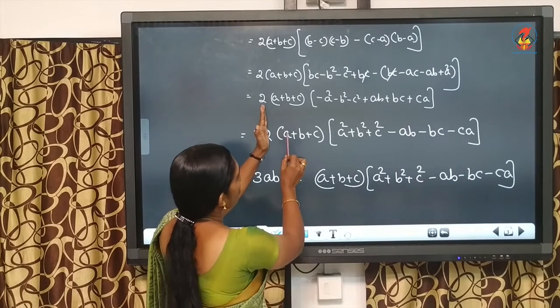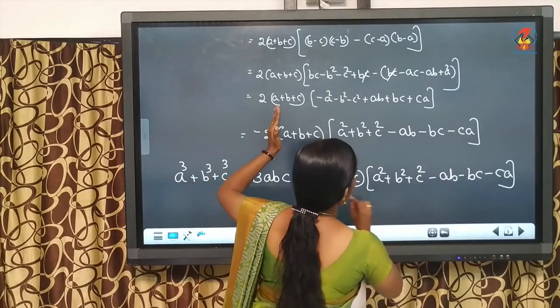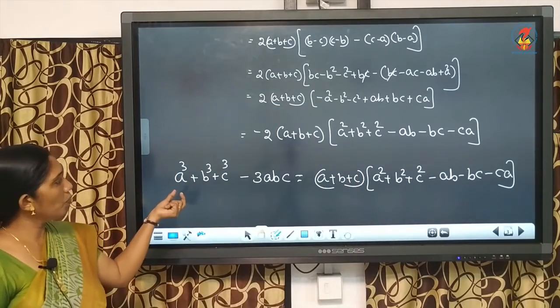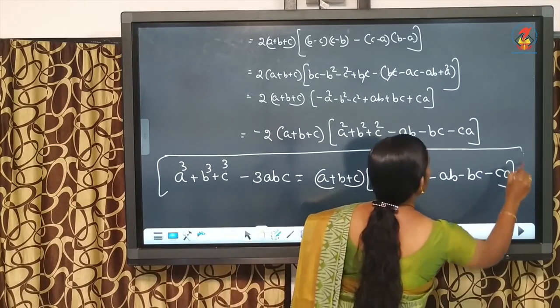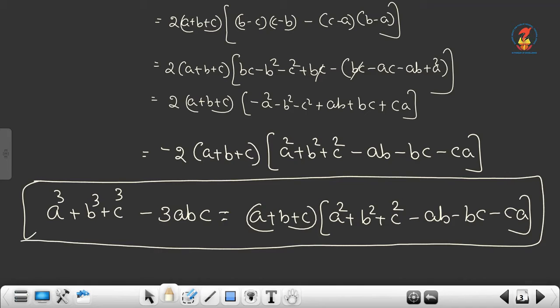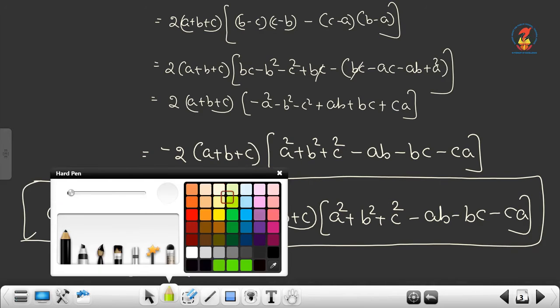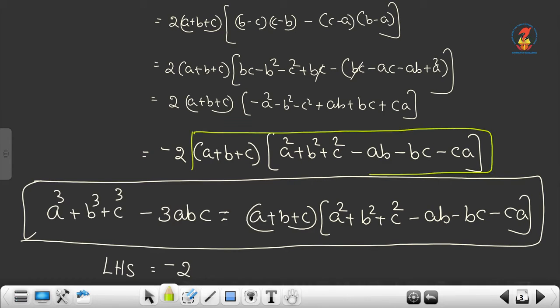So here look, this part, a plus b plus c into this bracket, is the same as a cube plus b cube plus c cube minus 3abc. So this is the result that you have to remember. So the LHS is equal to minus 2 into, instead of this much, for that much you can substitute this. So that's equal to minus 2 into a cube plus b cube plus c cube minus 3abc.